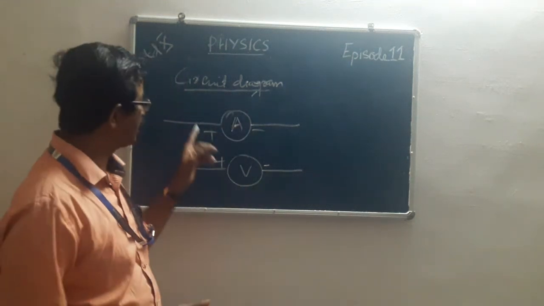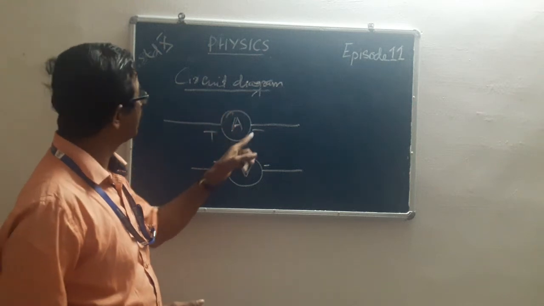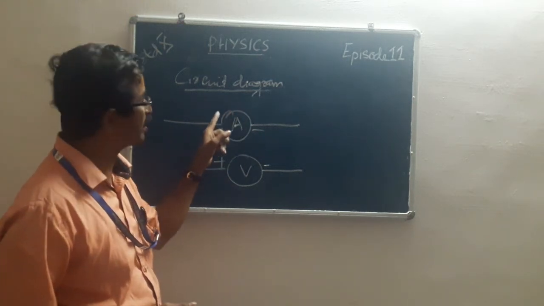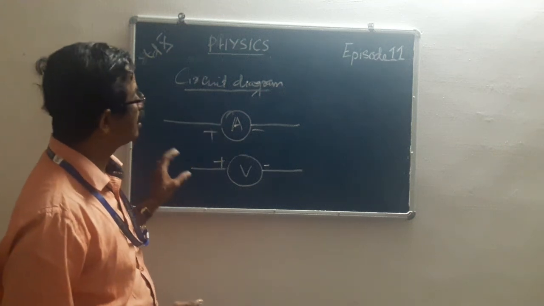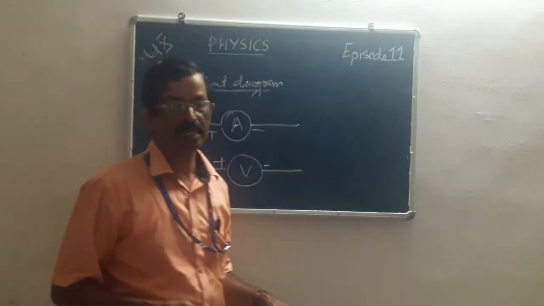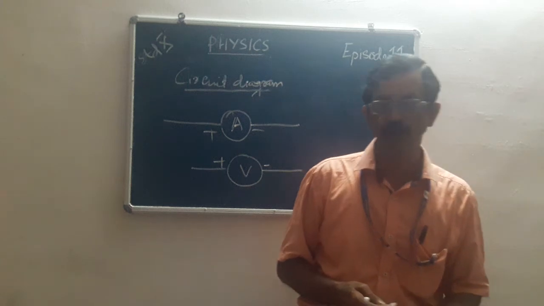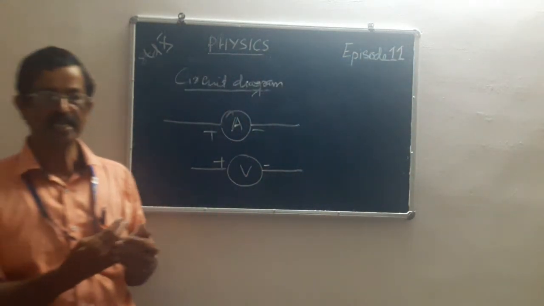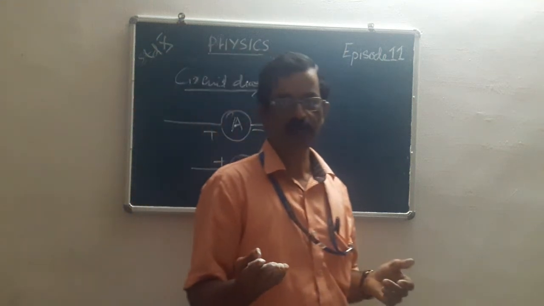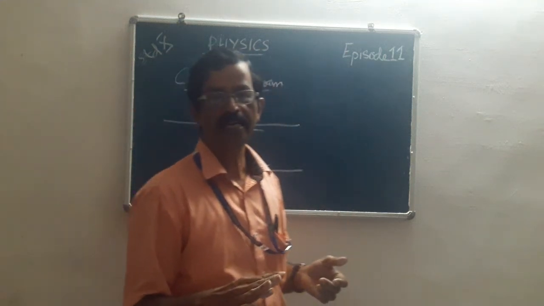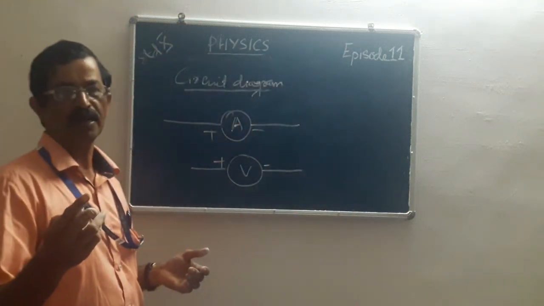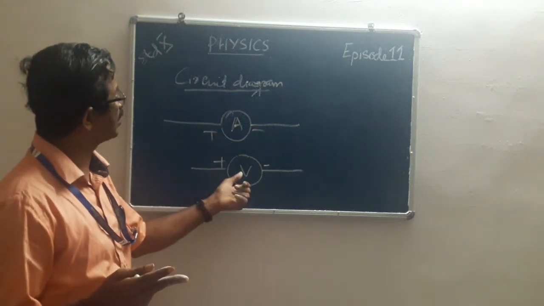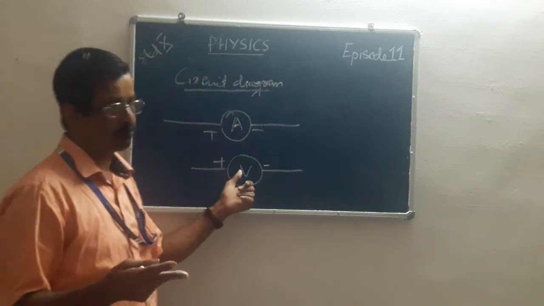It is easy to represent that device in that circuit. So the symbols we discussed are the cell, then battery, then resistor, then variable resistor, then plug key open, plug key closed, then ammeter, voltmeter. Okay.